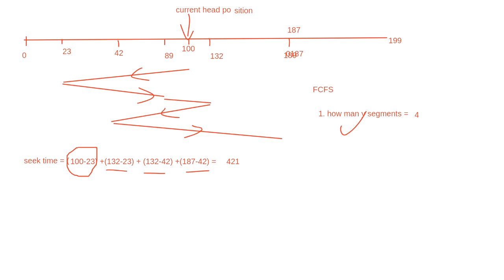Now, what is this 421? This is the seek distance. Sometimes in a problem you will get that if the read write head takes 3 milliseconds for an adjacent move, then he may ask you to find the total seek time.